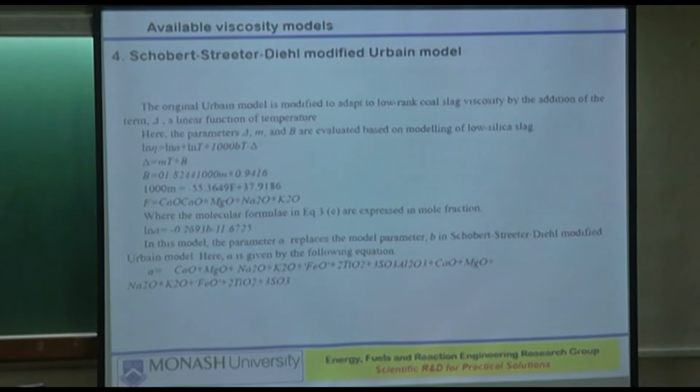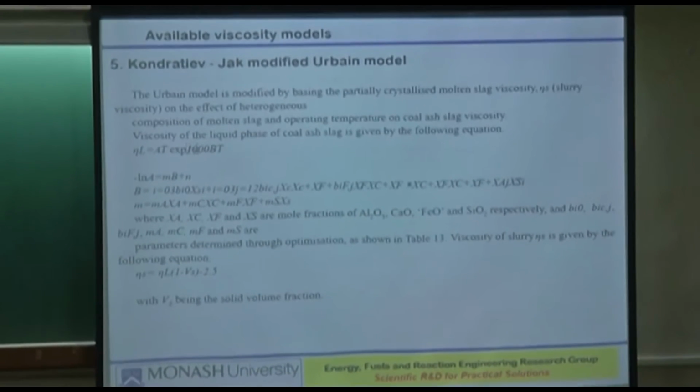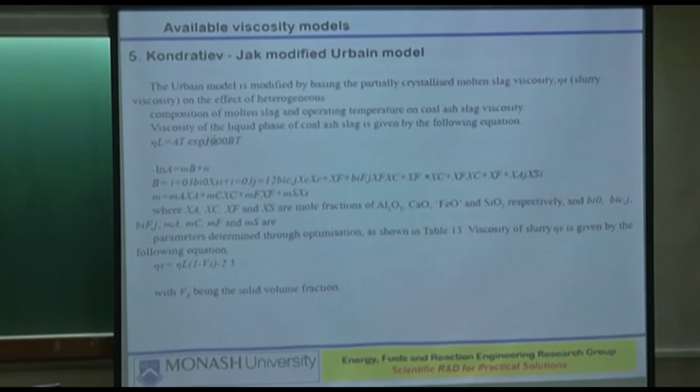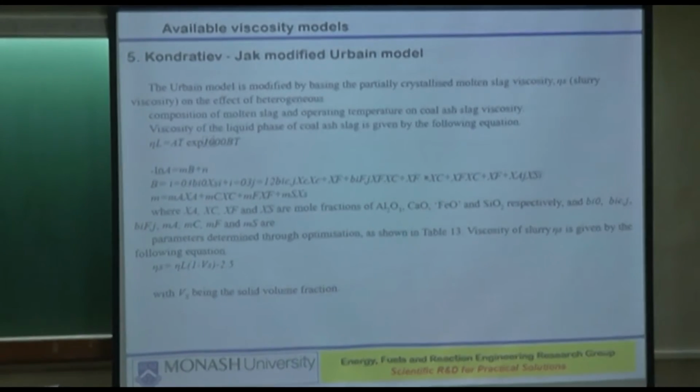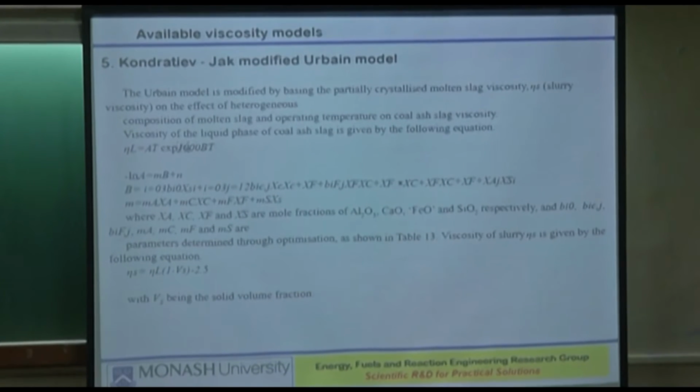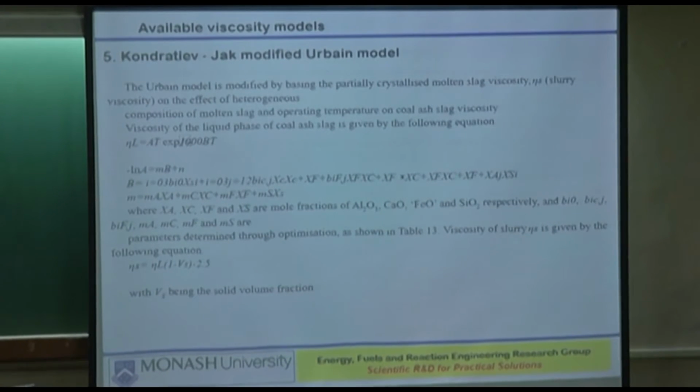Then Kondratiev and Jak from Queensland started modifying the Urbane model. They brought in a lot of science behind it, and their argument, working with bituminous coal, was that within the slag, even though it is molten, the proportion of the crystalline fraction does affect the viscosity considerably.